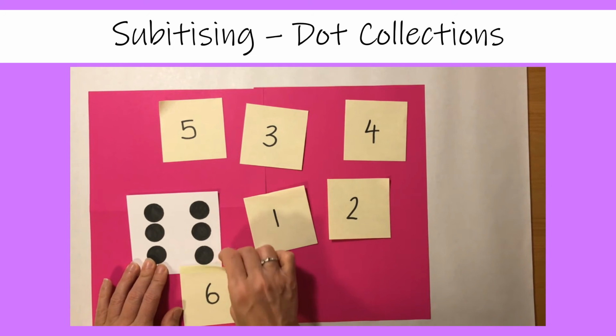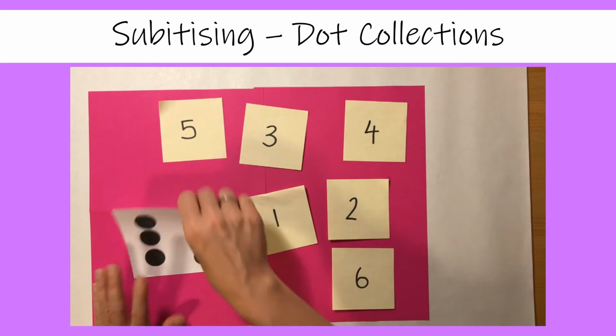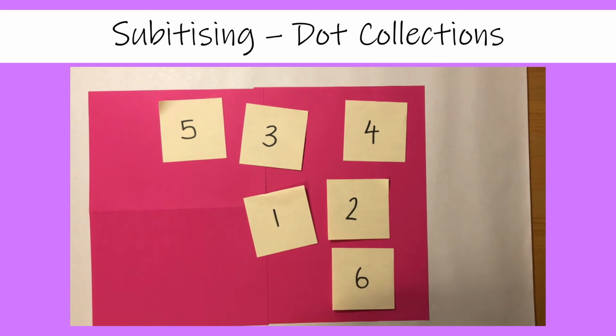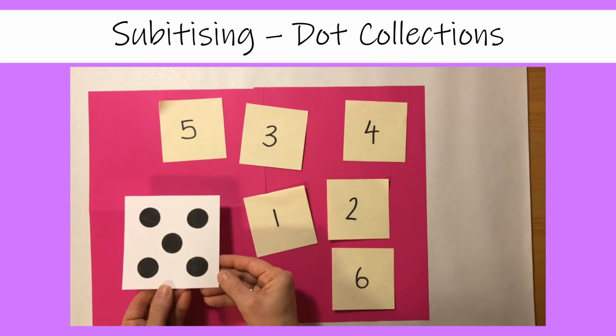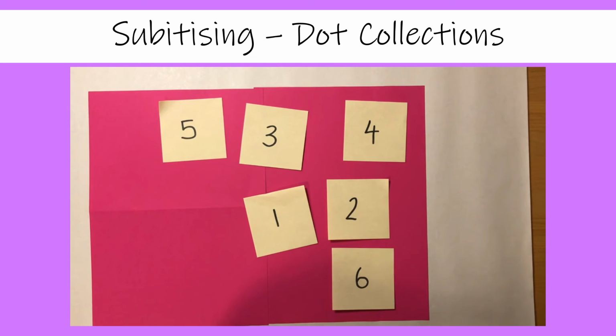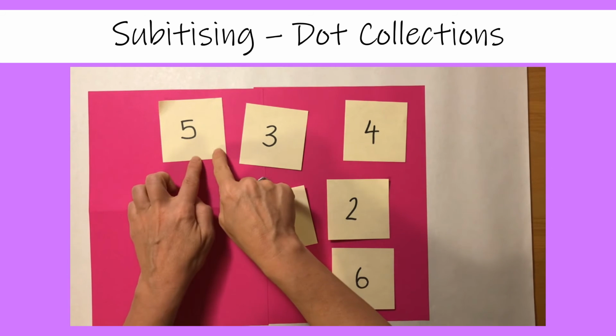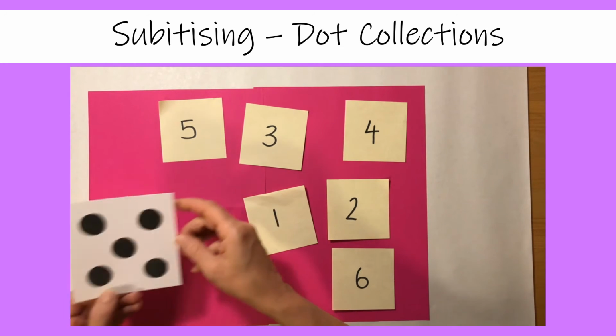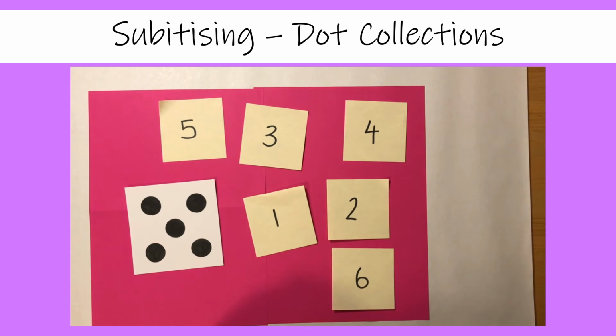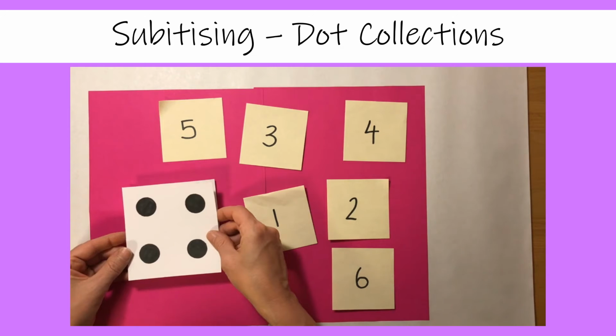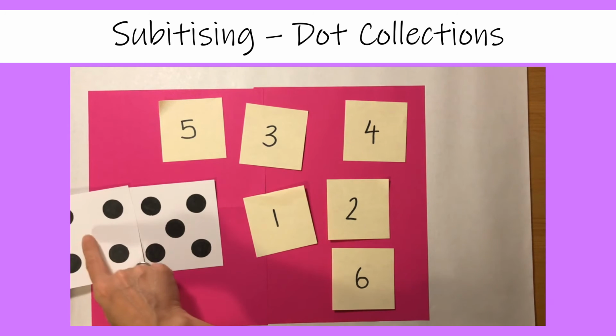I think I have one more for you, little mathematicians. Are you ready? Okay, here we go. How many dots did you see? 5. And yes, this is the numeral for 5. Here we have 5 dots. And look, it looks like a 4 with a 1 in the middle, doesn't it?